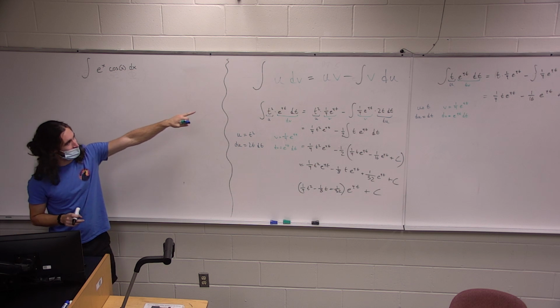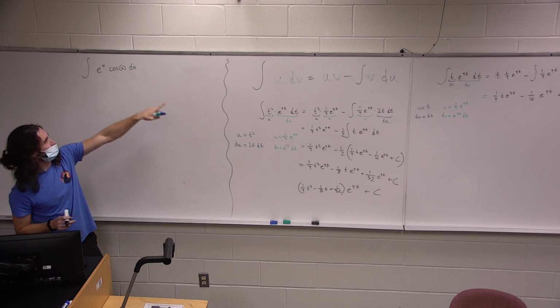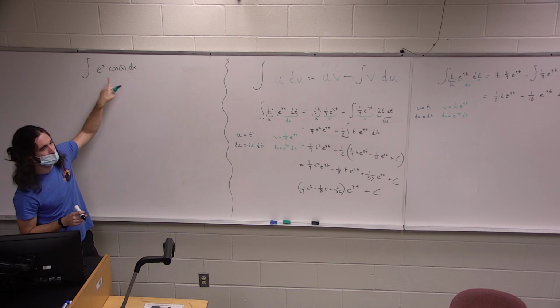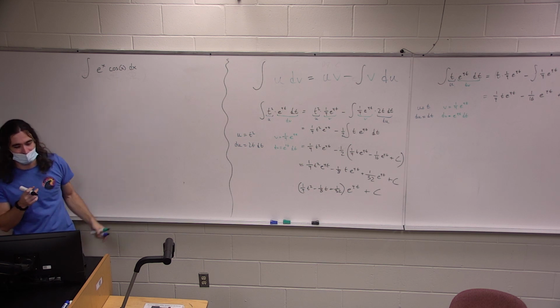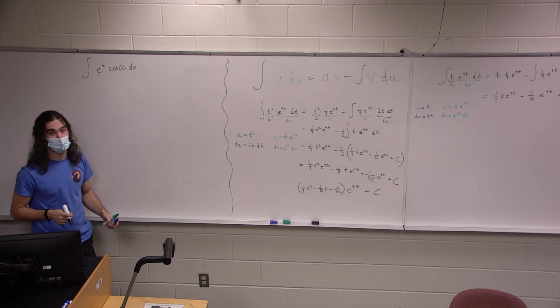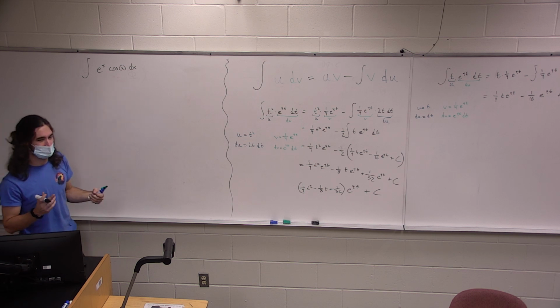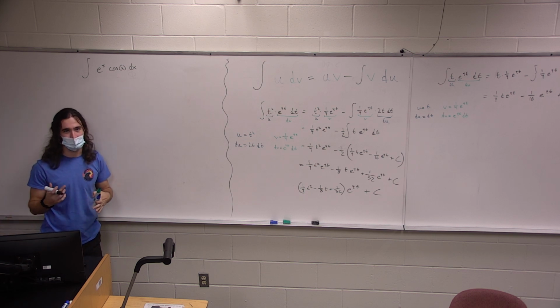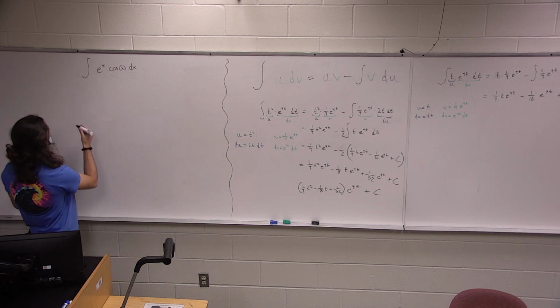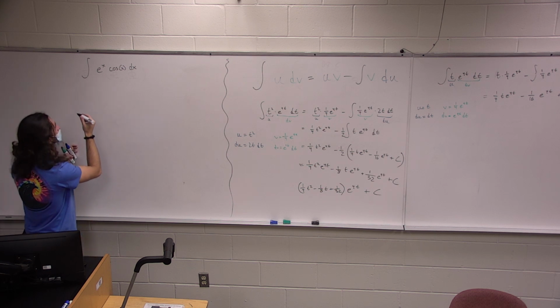Now that you have this thing in your tool belt, the fact that it's a product of two different things that you know about the derivatives and antiderivatives of should trigger you to think of integration by parts. So again, you'll have to make the choice of one of them to be u and the other one to be dv. So let's take a look at what either choice will be like.